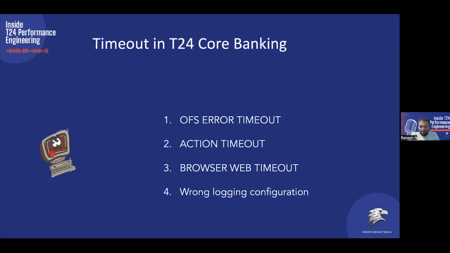What we'll have to do is, in case it is necessary, we can extend that OFS timeout for specific transactions, only for specific things if it is required. Or else we'll have to go into that particular inquiry or version and find the problem, because we can't extend this OFS timeout for any reason.